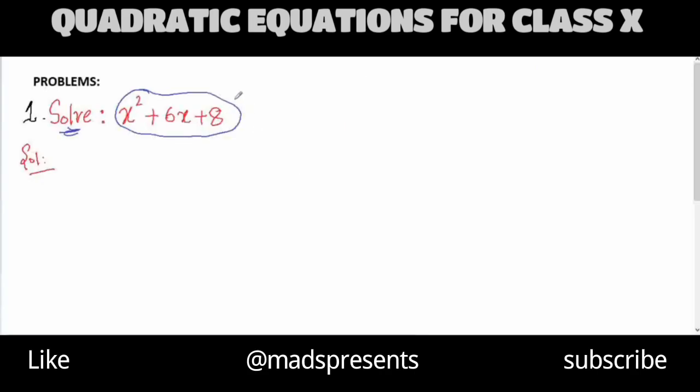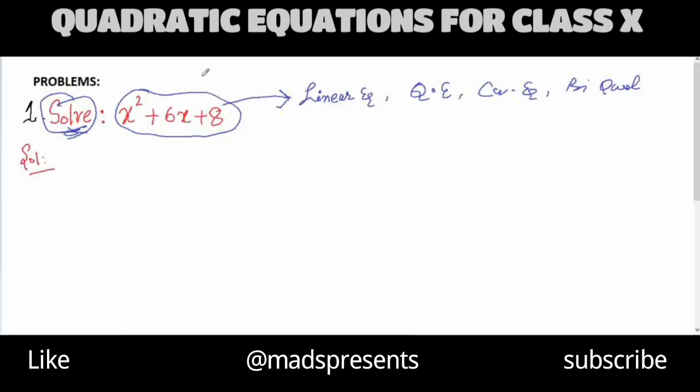So they'll simply give you: solve x square plus 6x plus 8. Whenever you see a polynomial, you need to identify whether it is a linear, quadratic, cubic or biquadratic equation. Identifying the type of equation will make our solving very easy.